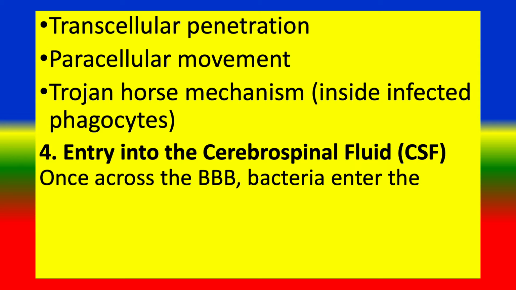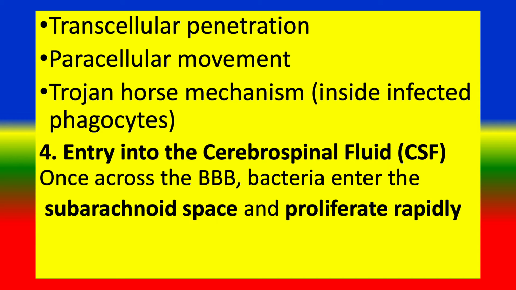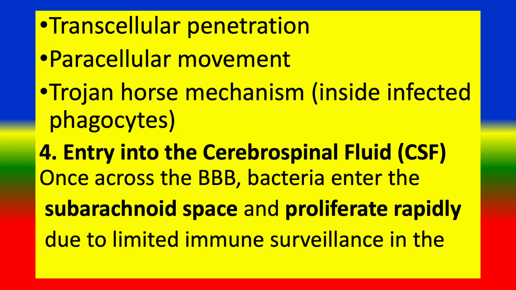Once across the BBB, bacteria enter the subarachnoid space and proliferate rapidly due to limited immune surveillance in the CSF.